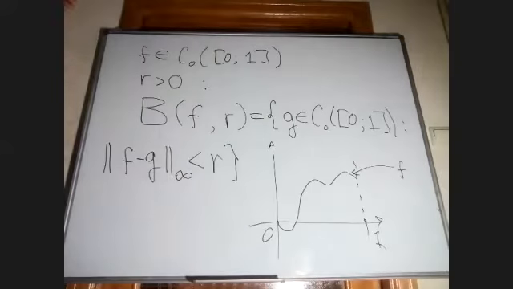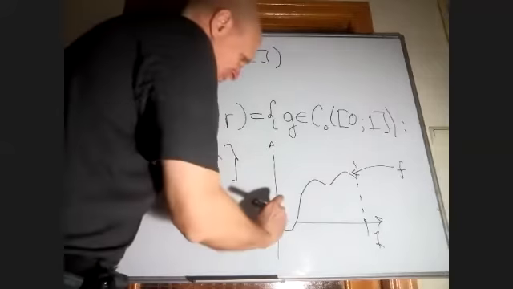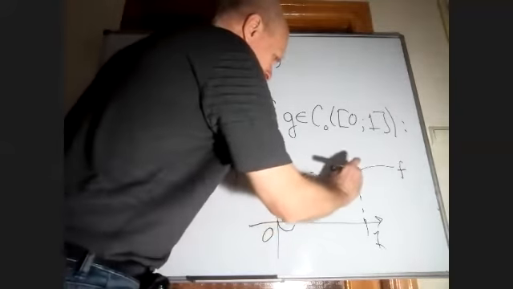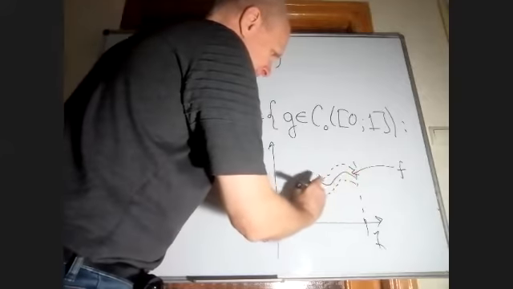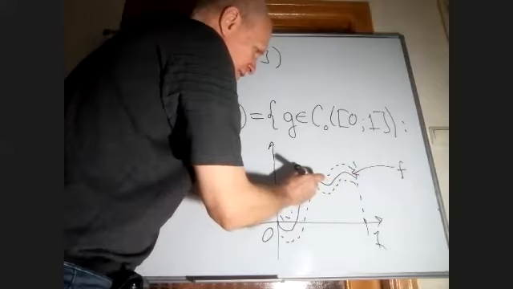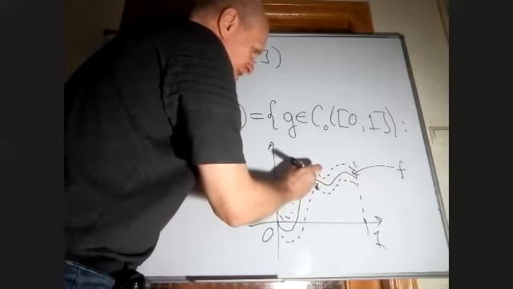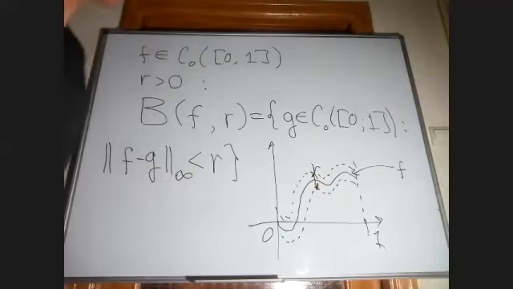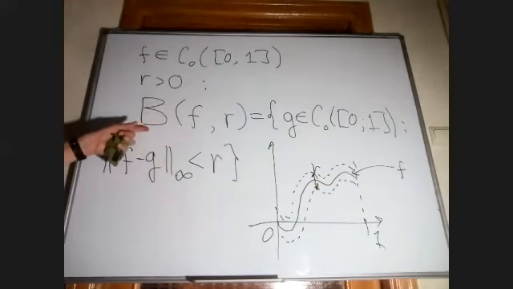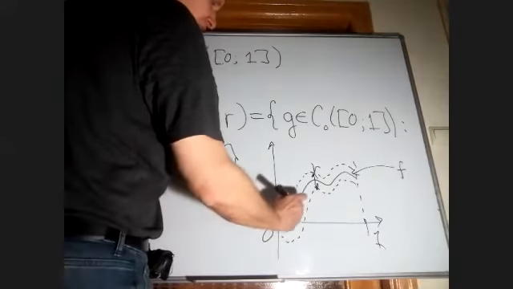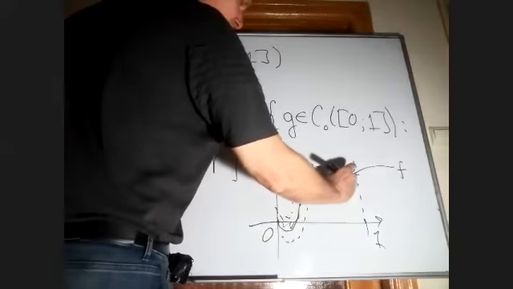Then one can organize a corridor around f, where the size of this corridor is r. The ball consists of such functions which live inside of this corridor.